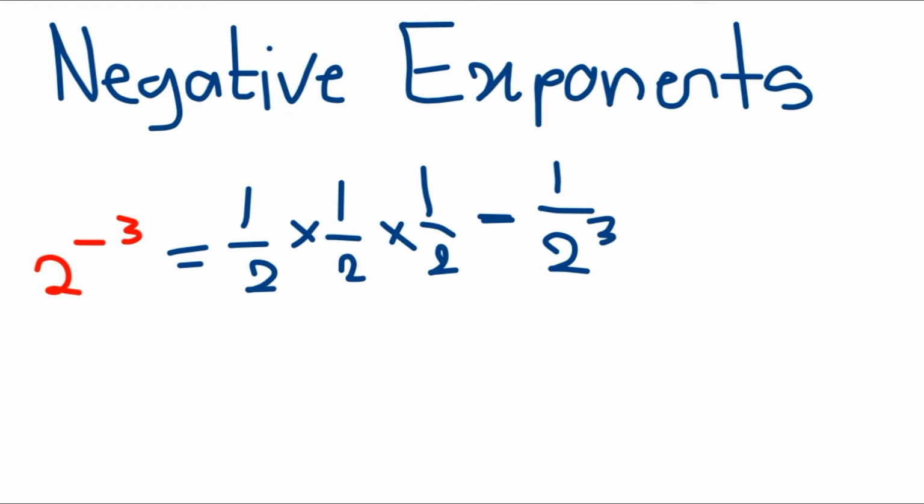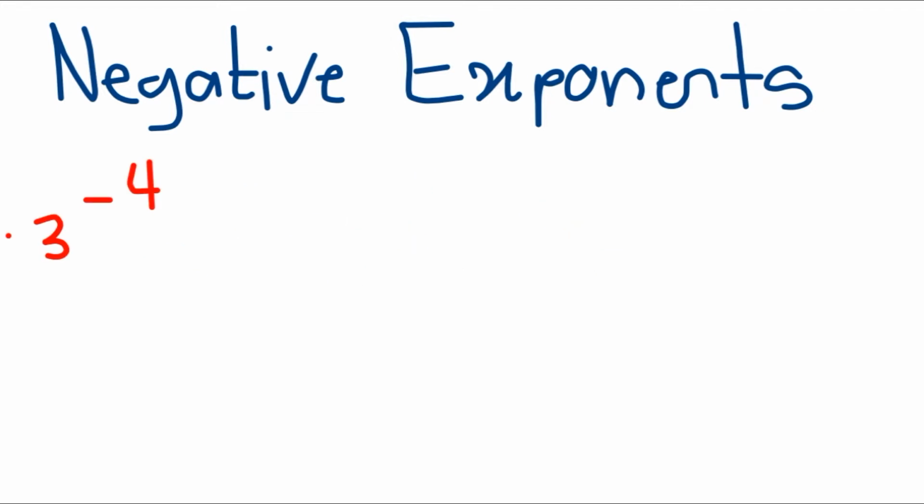Let's take a closer look at the second example here. If you have 3 to the power of negative 4, what is the meaning of that? It means that 3 will divide into 1 how many times? 4 times.